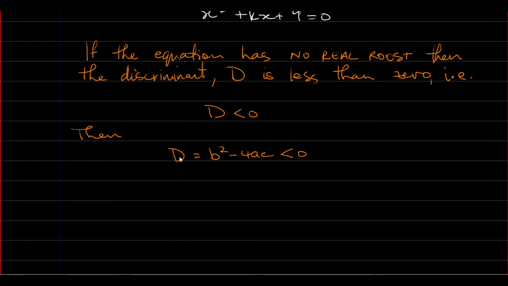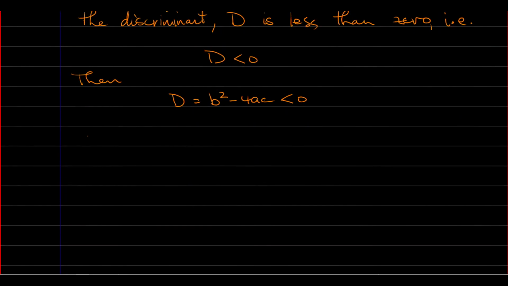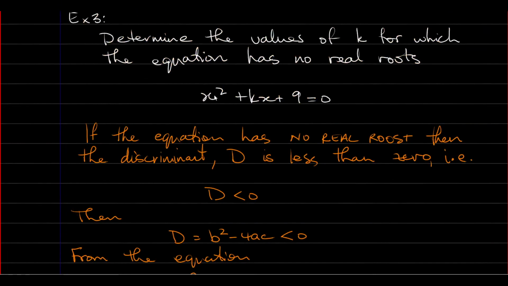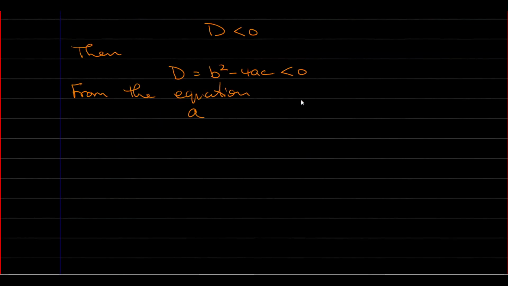And from the equation up here, we know that a is equal to 1, b is equal to k, c is equal to 9.